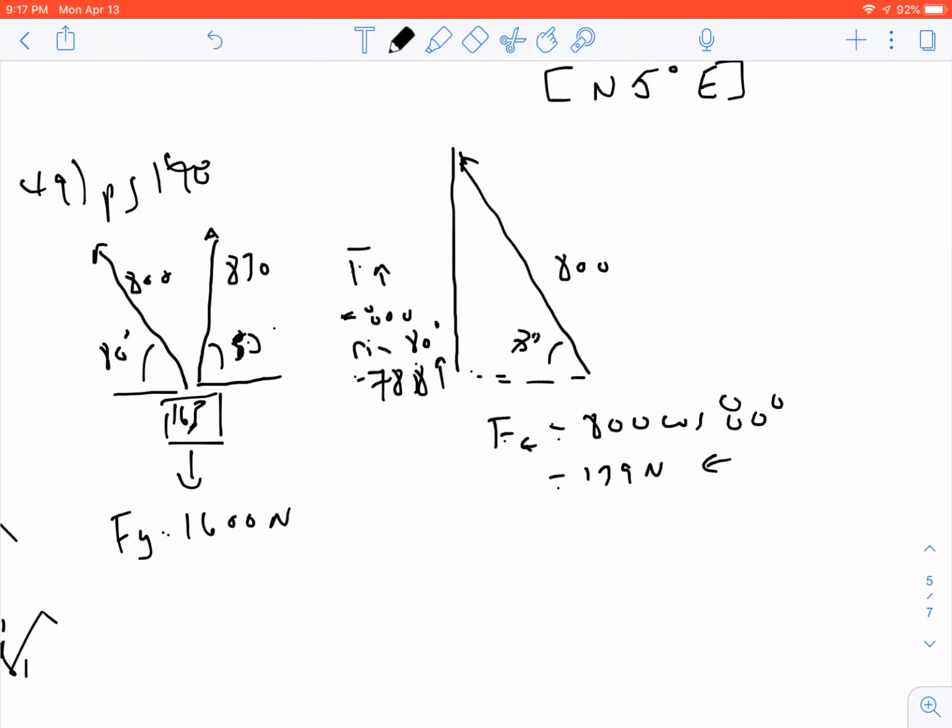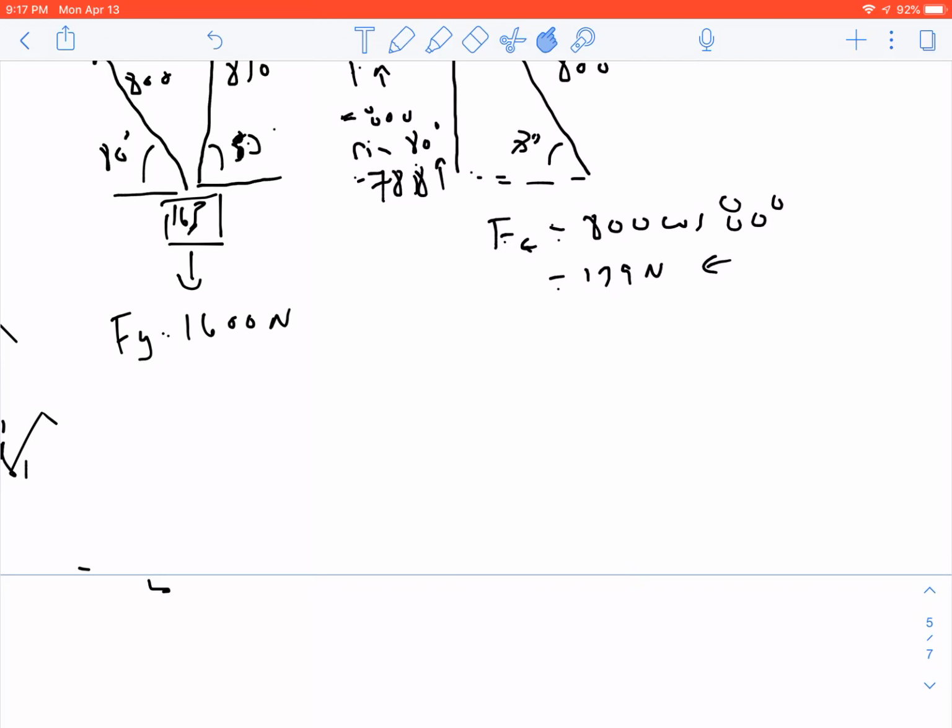Now, if I look at my second applied force, let's move this up. My second applied force says look right, rotate 85 degrees up, and apply a force of 830 newtons. So my components are a right force and an up force.